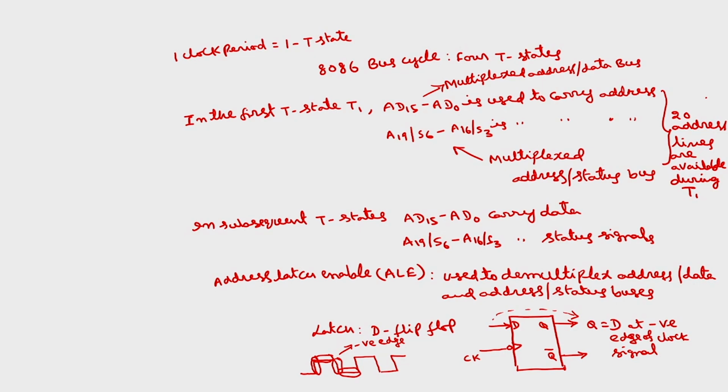If I use 8 such latches inside an IC, it is called an octal latch. There are ICs available which act as an octal latch, which is the 8282.